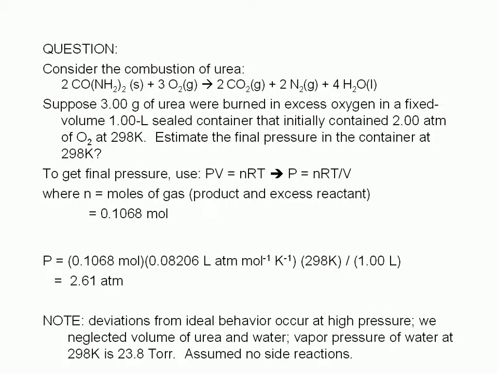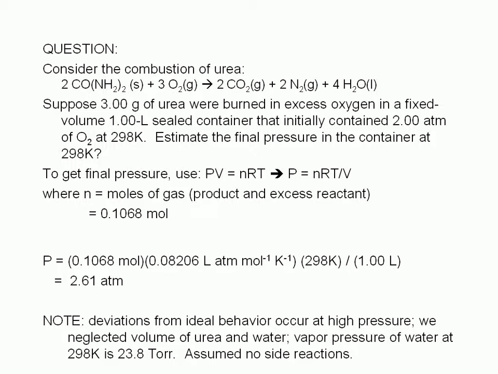This answer is an estimate because significant deviations from ideal behavior do occur at high pressure, even at 1 atmosphere. We are looking at an error of about 1% in values based on the ideal gas equation. We also assume that the volume of urea and water are negligible.